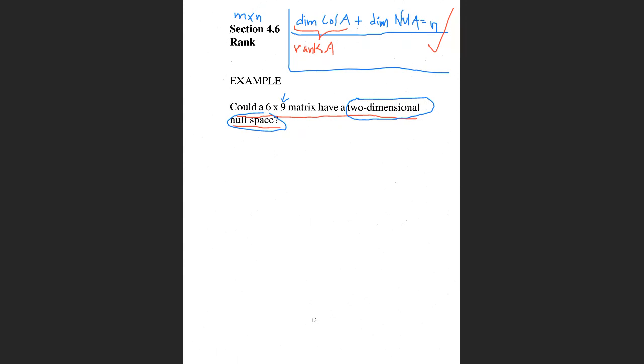N equals 9. If you have a two-dimensional null space, what would the dimension of the column space be based on the rank theorem here? That's right, Benjamin. It would have to be 7. It would have to be 7.